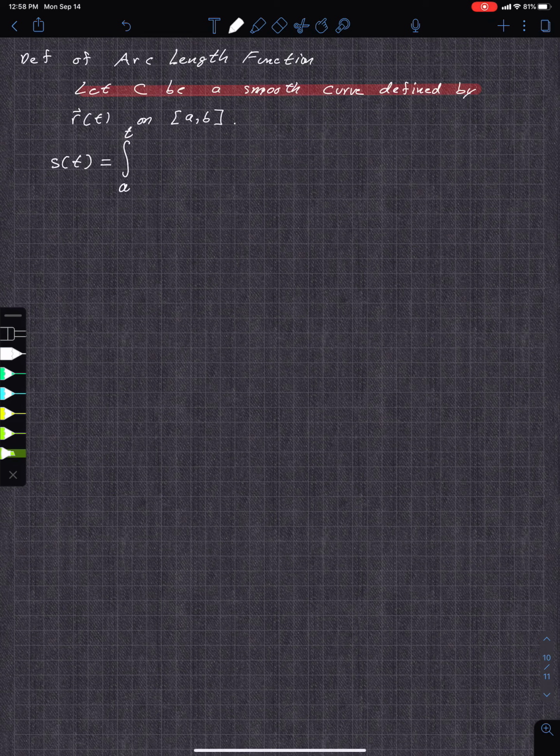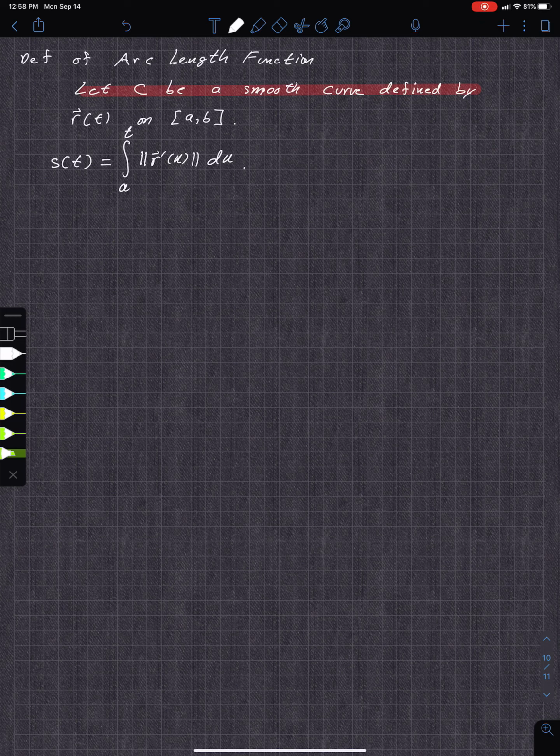So your starting point's defined, but your endpoint's not. And it's used in a couple different ways to define other things. It is the magnitude of r prime, or I'm sorry, not t, you put in your dummy variable there, of u du.